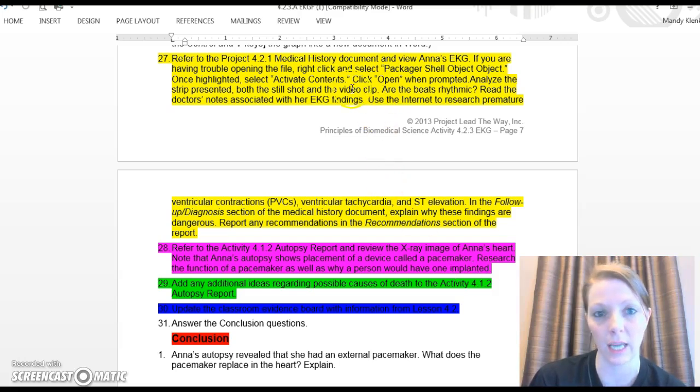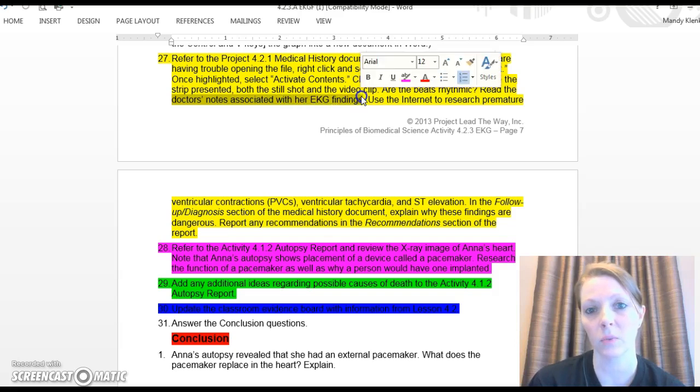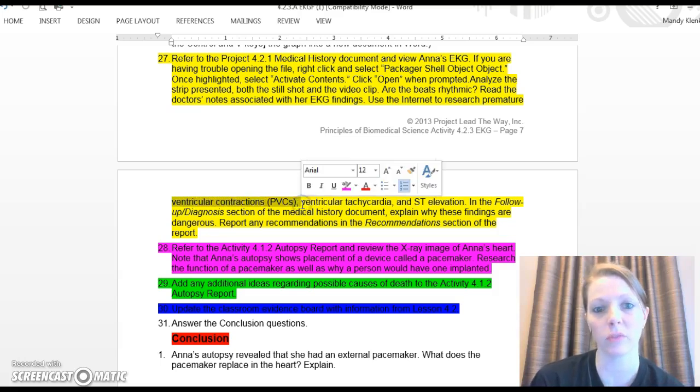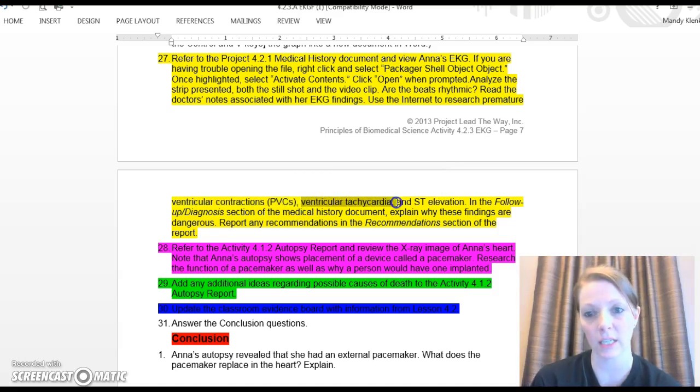What you're looking at is, are the beats rhythmic? And then read the doctor's notes associated with the EKG findings. And then you are going to research what a premature ventricular contraction is. Look at ventricular tachycardia and ST elevation.